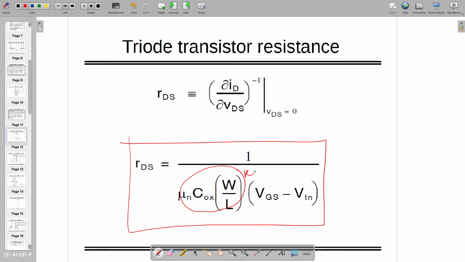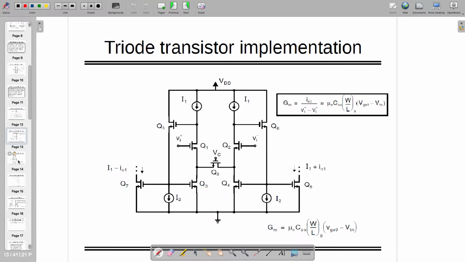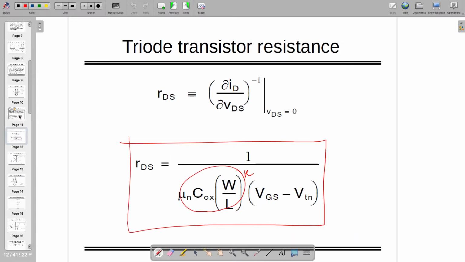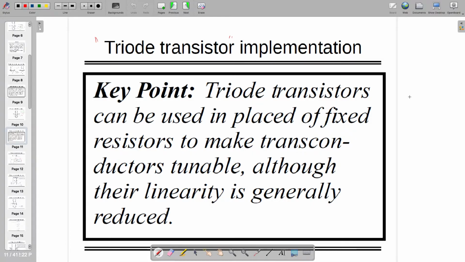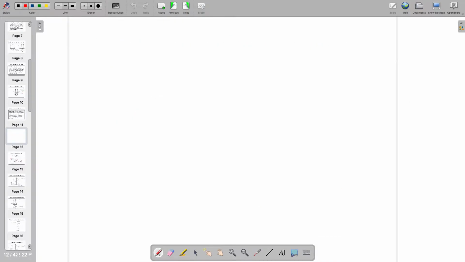If W by L is constant and the current is also constant, then this is going to happen, otherwise no, right? So why will linearity reduce if it works the same as the resistance? It's difficult to get the same resistance all the time, for all the voltages I should say.